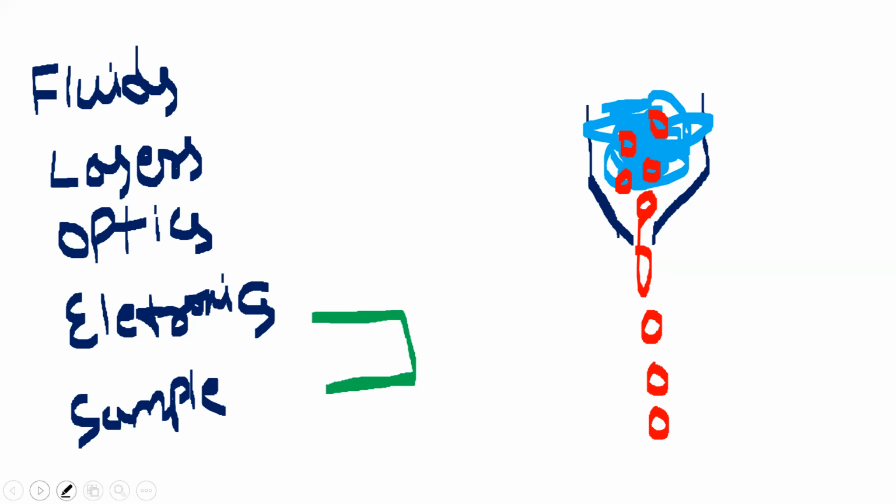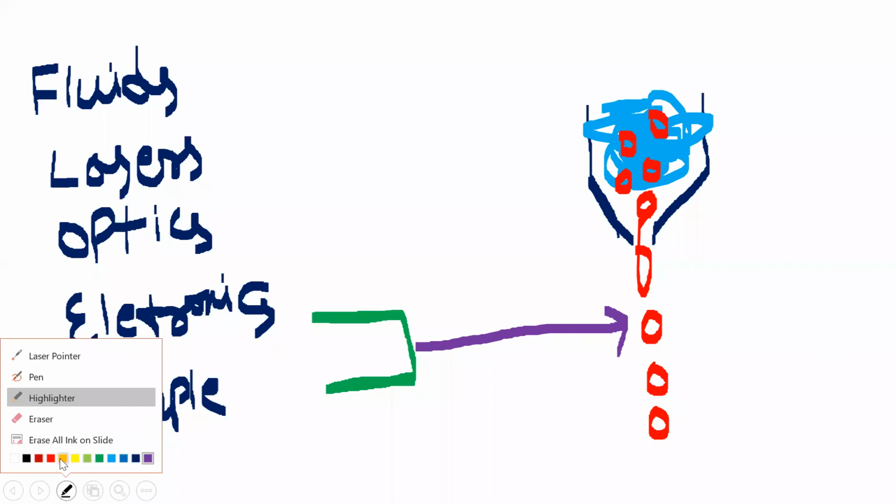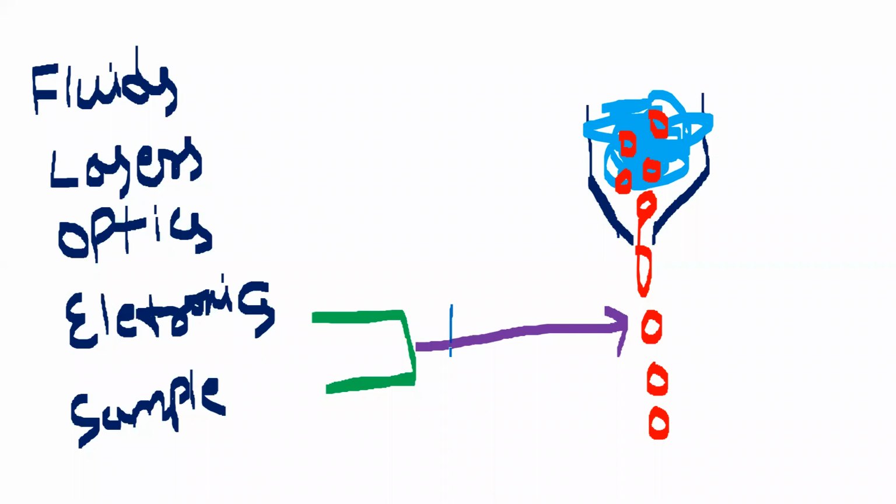What will it do? It will start giving out the laser, so the laser light is focused onto the cells. For this focusing of laser light, we use some optics. As I stated, we require some optics, so I used some optic, some mirror, to focus the laser light onto the cell.